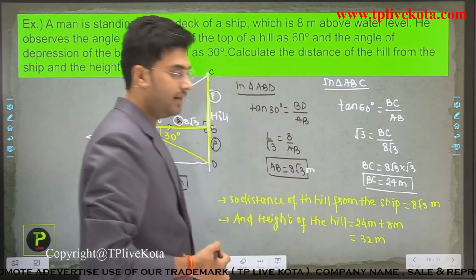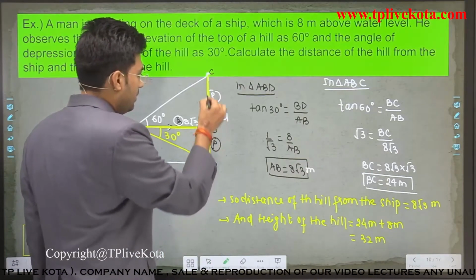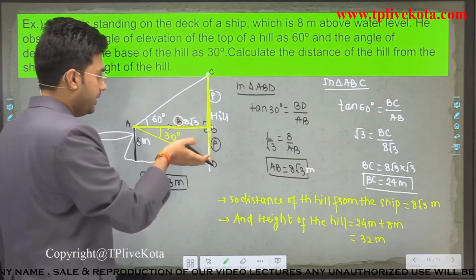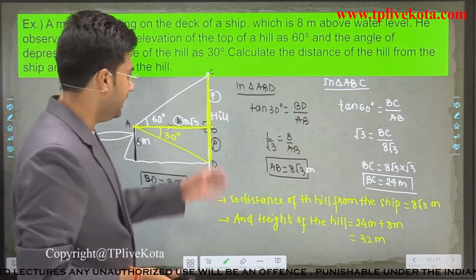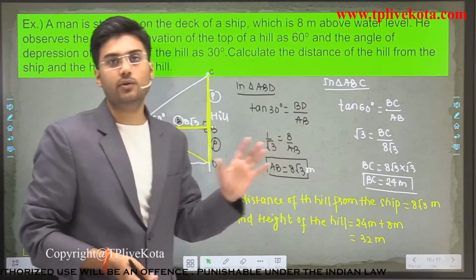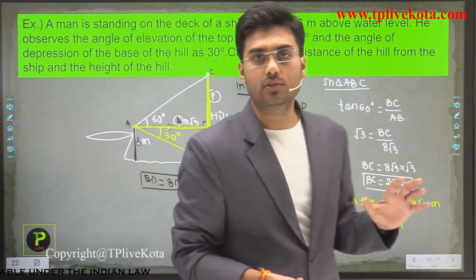Why do we add this? Because this is above the ship, and we have to add this distance also. So the complete height of this hill is 32 meter. Clear? So students, I hope you understand this question.